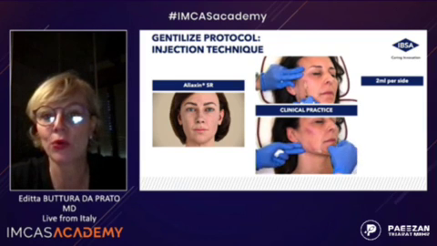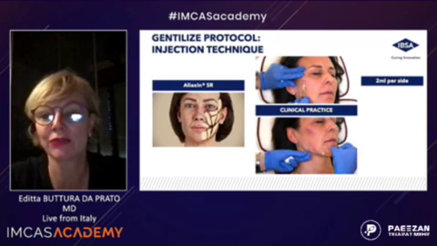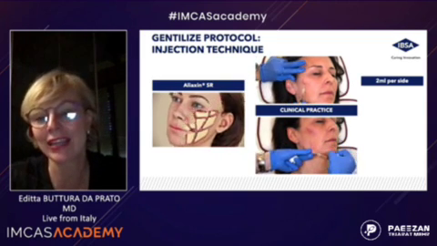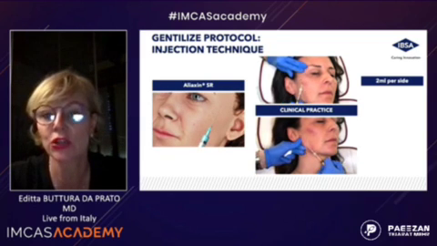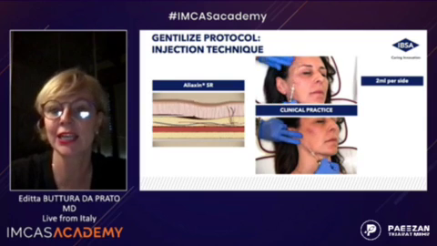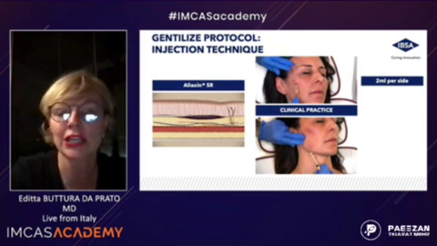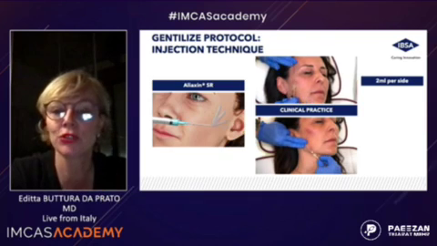I'm going up to feel, to be sure that the filler is filling the gap between the temporal area and the zygomatic arch that is already volumized. And when I'm injecting toward the ear line, I'm going beyond the hair insertion line because I want to stretch back the skin.